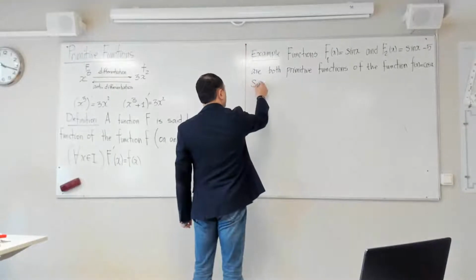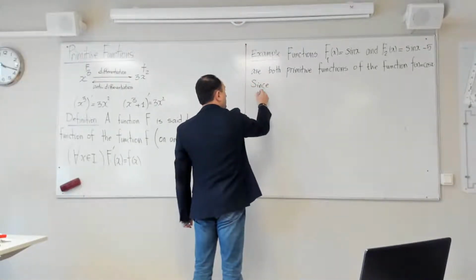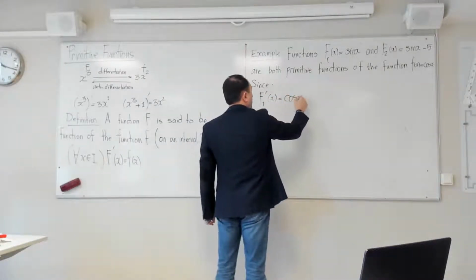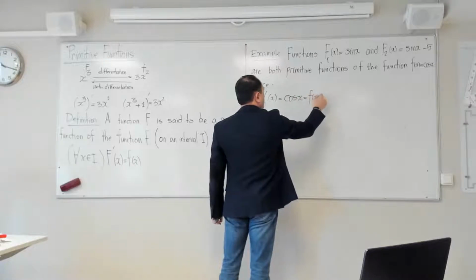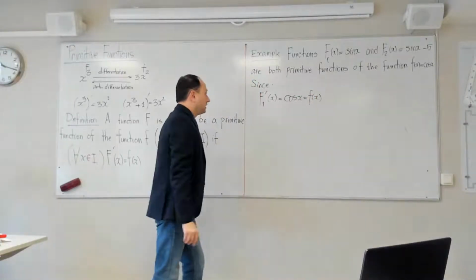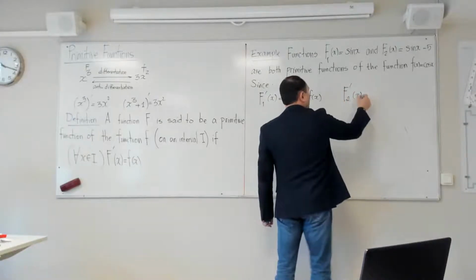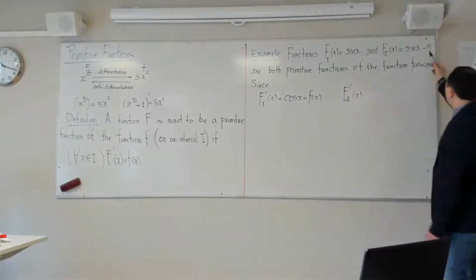Why is this true? If I take the derivative of the first one, the derivative of sine becomes cosine x, and that is equal to the function f of x. And if I take the derivative of the second one, that constant doesn't make any problem for me.